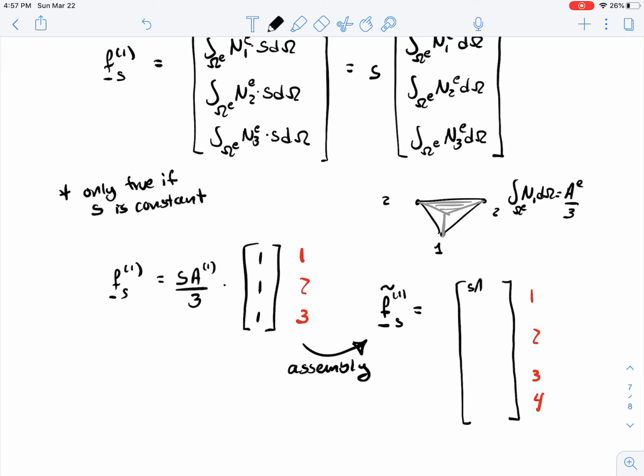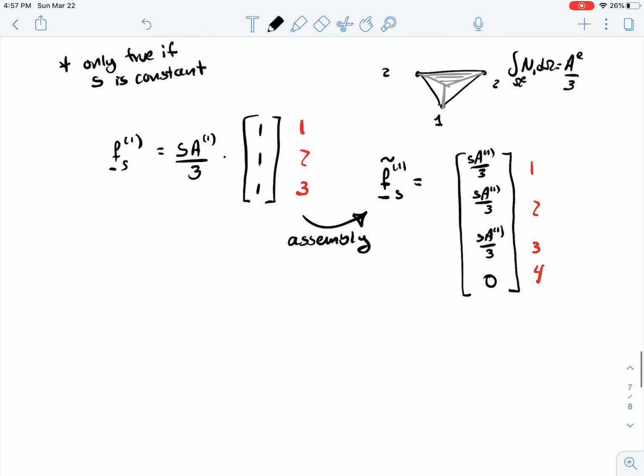So you can see here that I'm going to have S A1 over 3, S A1 over 3, S A1 over 3, 0.